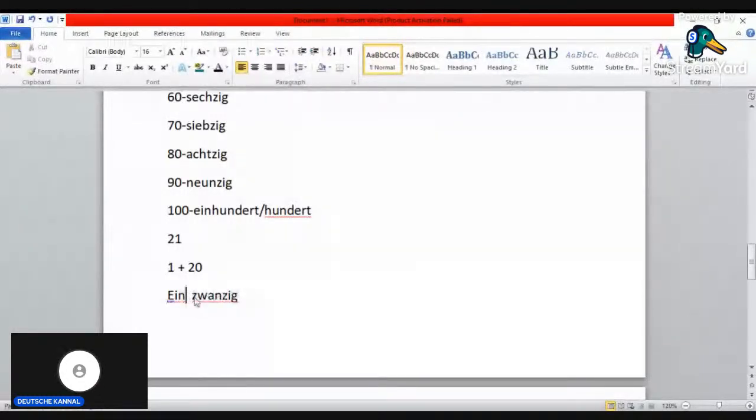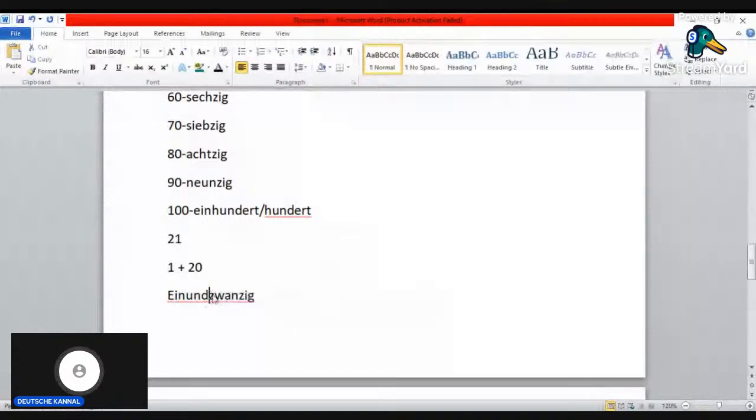The S in eins goes. Then between ein and 20 you add a word called und. Und means and, okay? So number 21 is written ein und 20.